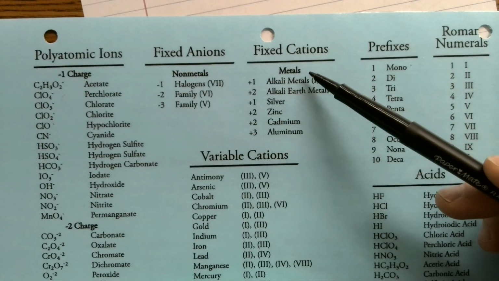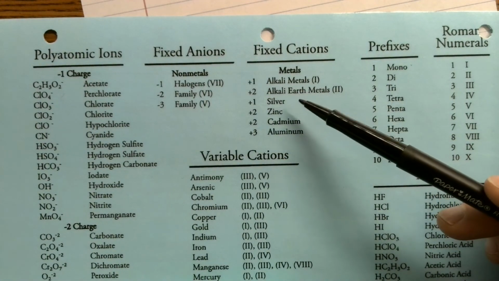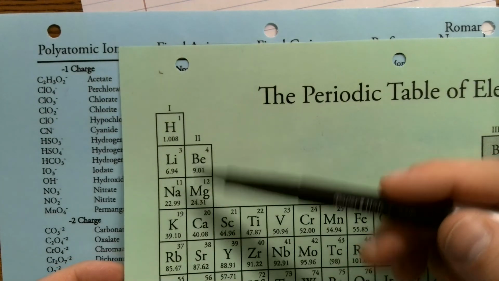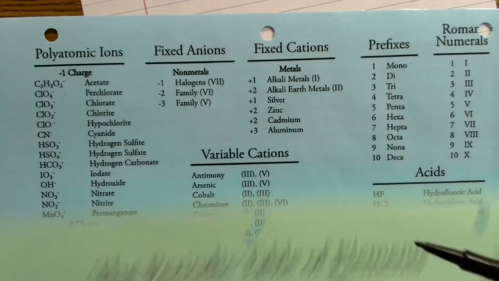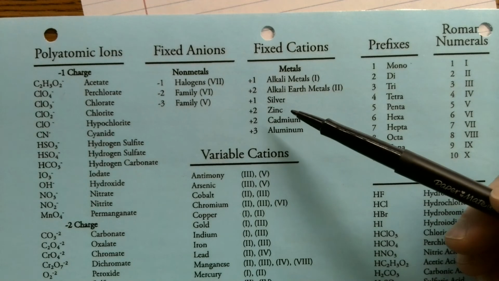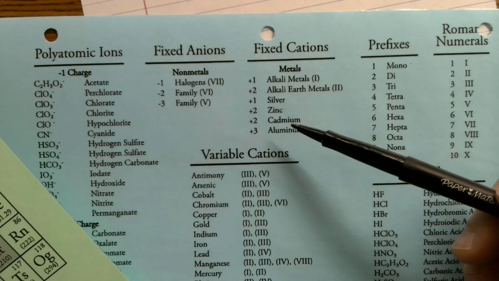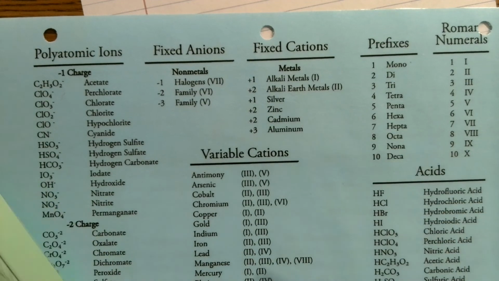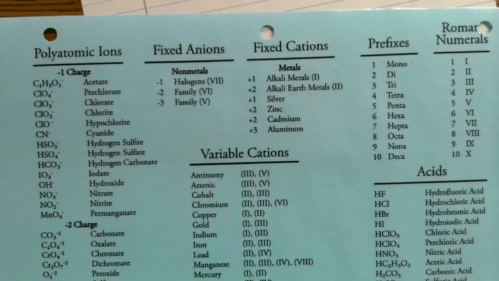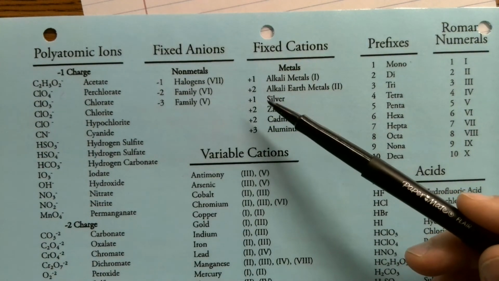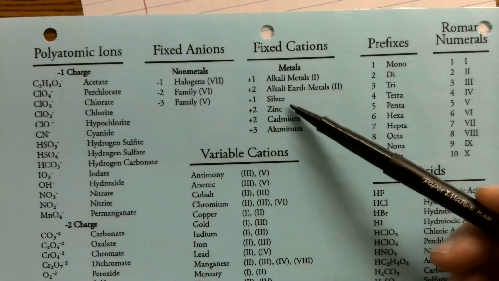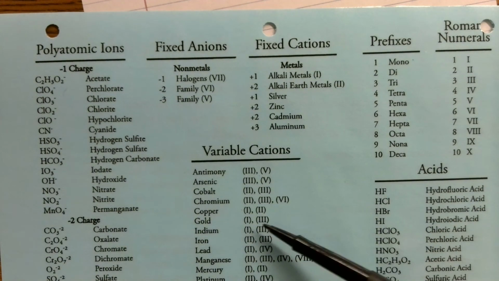And then we have our metals, which are our alkali metals and earth metals, which is groups 1, 2, and 3. All right, I didn't include group 3 in there, but you get the idea, because aluminum's in here too. Okay, and then cadmium, zinc, and silver, they exist in the transition block, but they only have one option. Like there's no silver 1, silver 2, like there is gold 1 or gold 3.